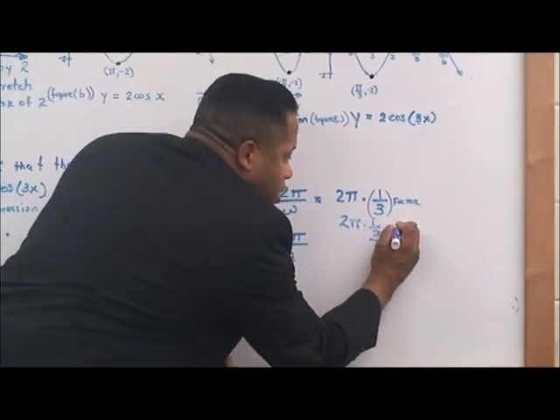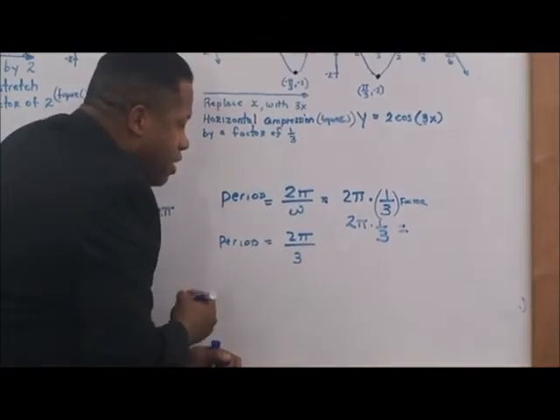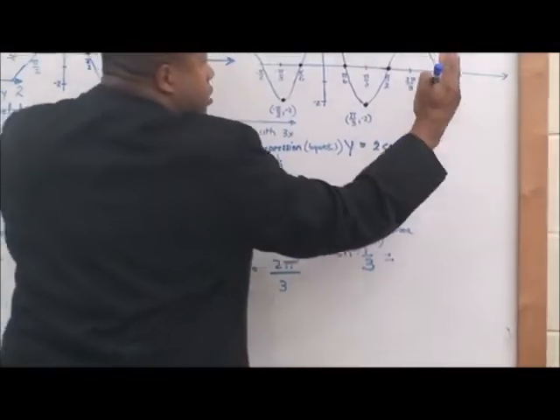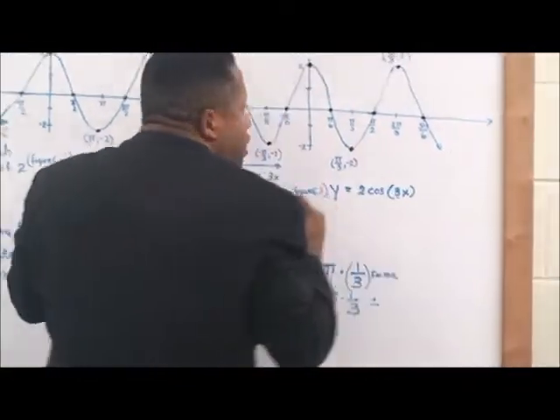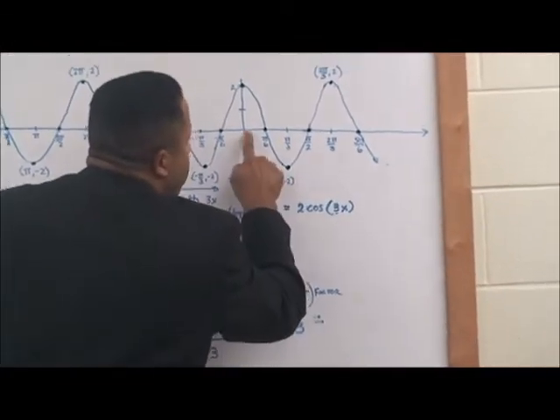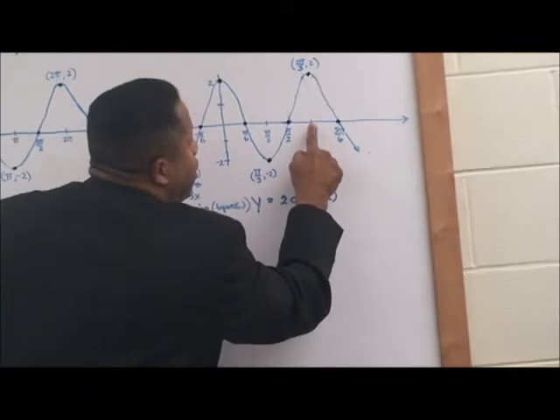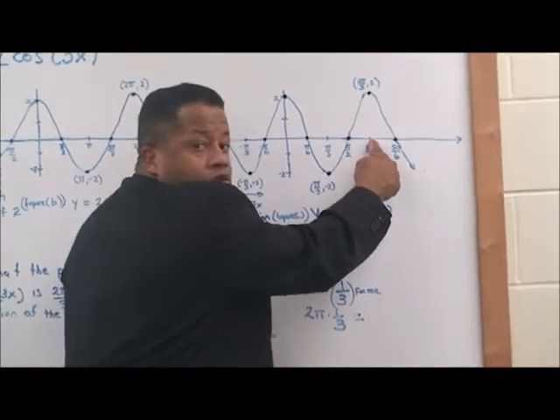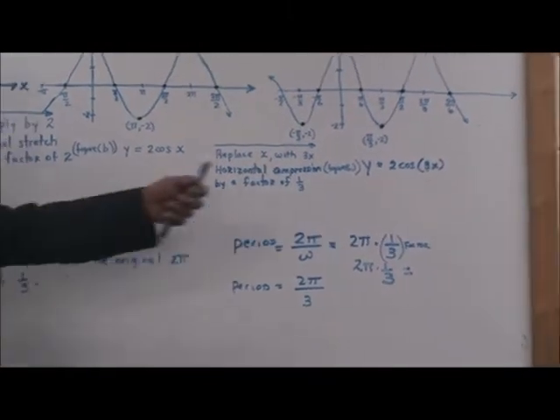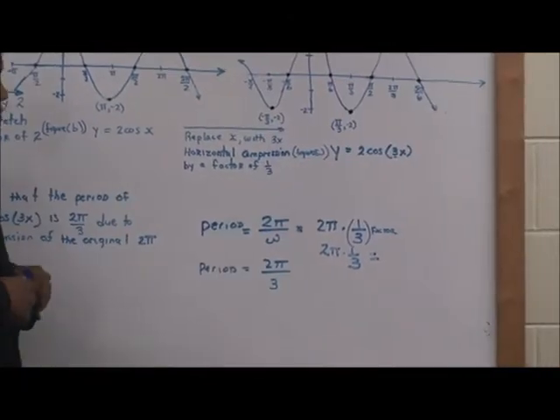So when you multiply this, your period is 2 pi over 3, because it's being compressed horizontally. The period from here to there is 2 pi over 3, and that is the period for this particular function.